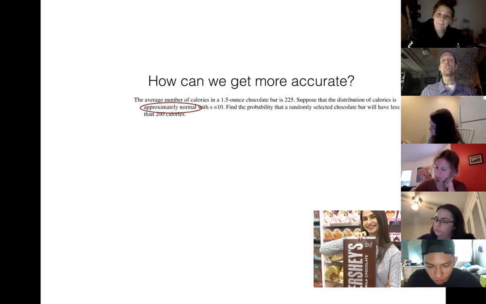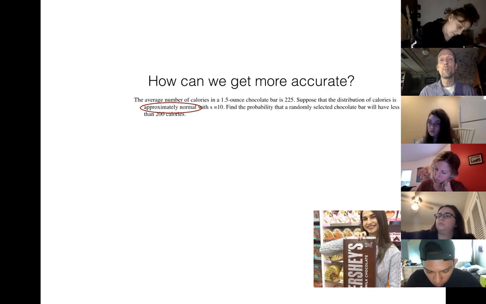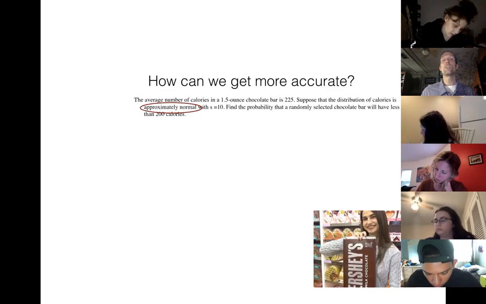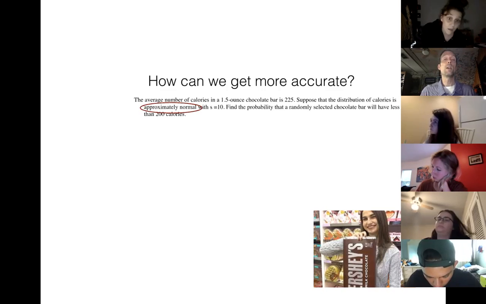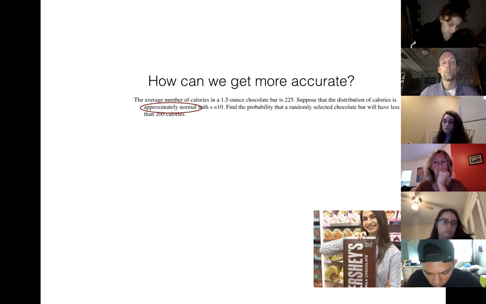If they don't tell us approximately normal, basically we can't use any of the things that we're going to use in chapter 6, because it means the data set is some other distribution and we don't know what it is. And usually on the test, I'm going to throw out one question and it's not going to be normally distributed. All you have to do is write in no solution, can't solve it. I don't know what distribution the data is from, so I can't use normal probability techniques. Now that we know it's normal, we're okay, we're cleared for takeoff.